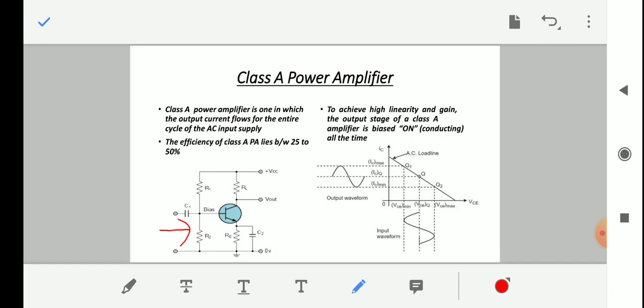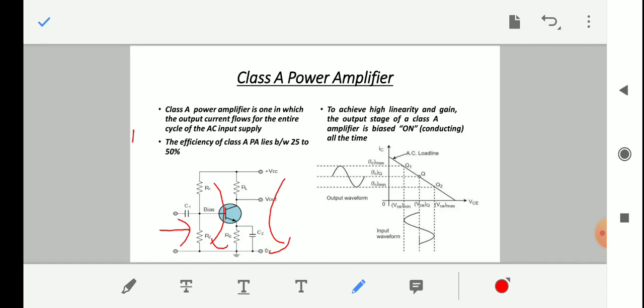And we can also draw the AC load line with the help of the input and output equations obtained from applying KVL at the output section and the input section of this circuitry. Those equations will be similar to the previous equations obtained in biasing of the circuits.